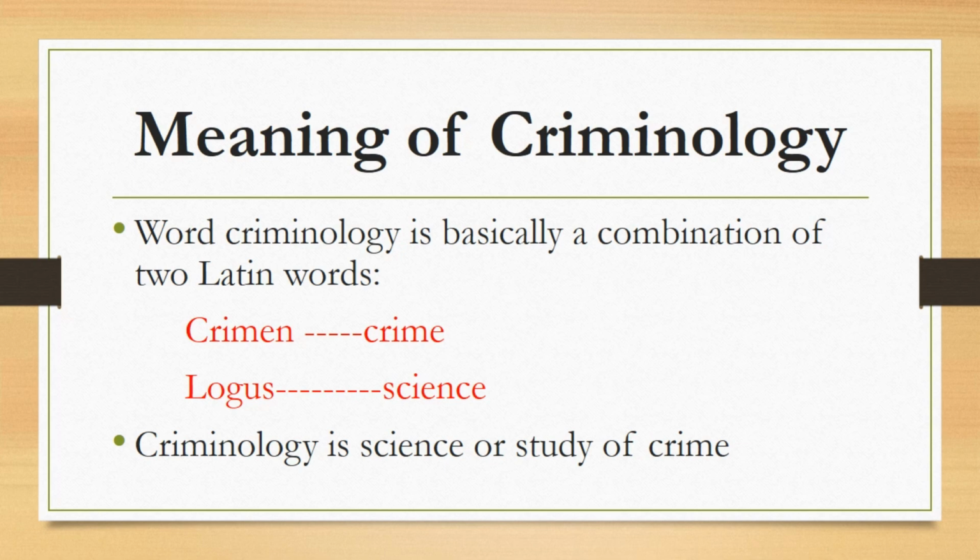It is concerned with the conduct of individuals which is prohibited by the society and law. It is a socio-legal study which seeks to discover the causes of criminality and suggest appropriate remedies.